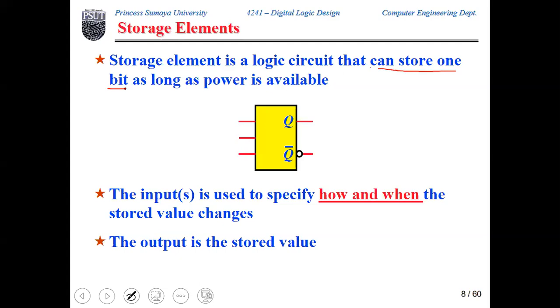Now this ability to store the bits is valid as long as the power is supplied to the storage element. As long as you give power to the storage element, it is capable of remembering or saving or storing this bit or these bits, depending on the number of storage elements. Now, there are many types of storage elements, however, they all have a certain number of inputs and outputs.